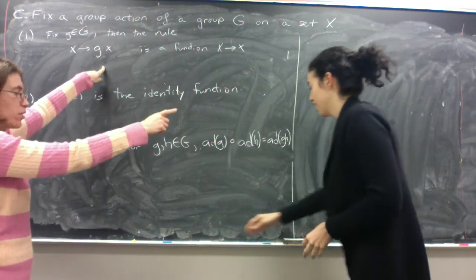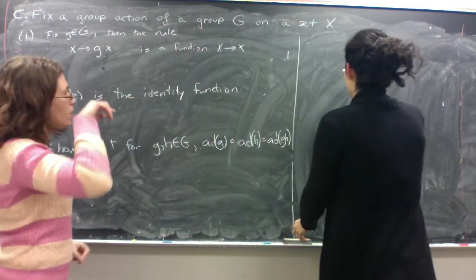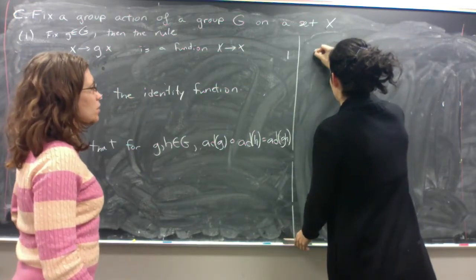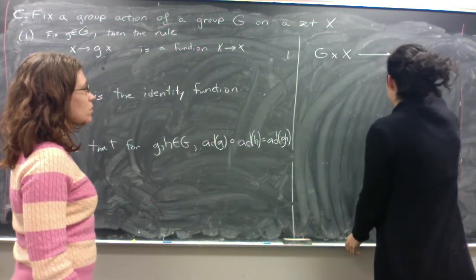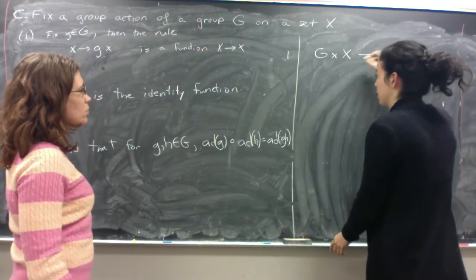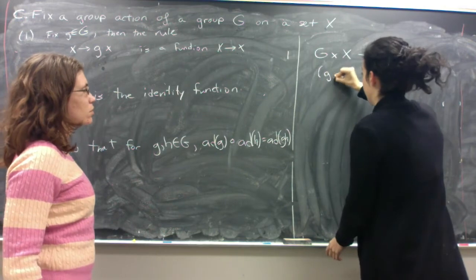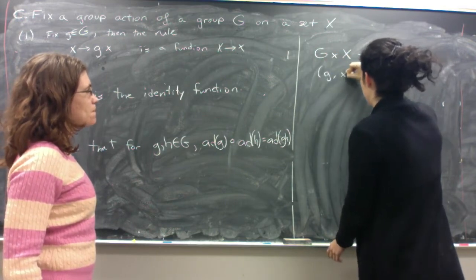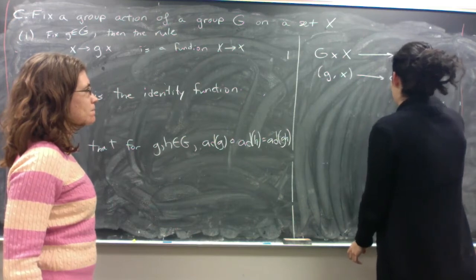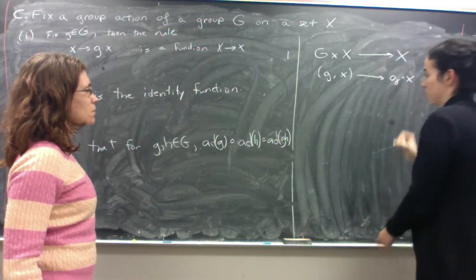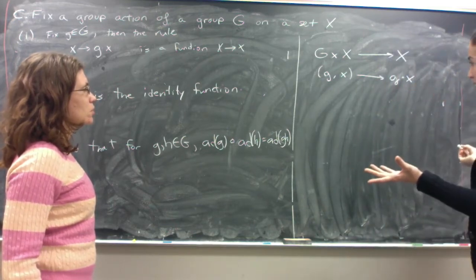Maybe let's remember what it means to be a group action. A group action was a function that took an element in the group and an element in the set you're acting on and took it to something like this.